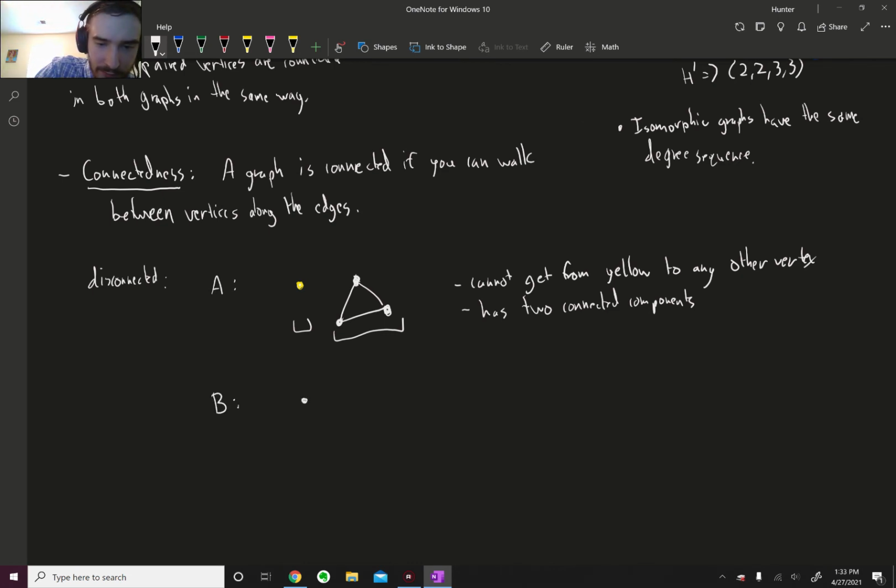Another example. I've drawn here a graph B that has more vertices. This one has 10 vertices. And this has 3 connected components.